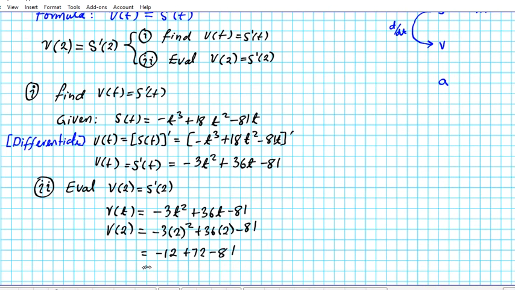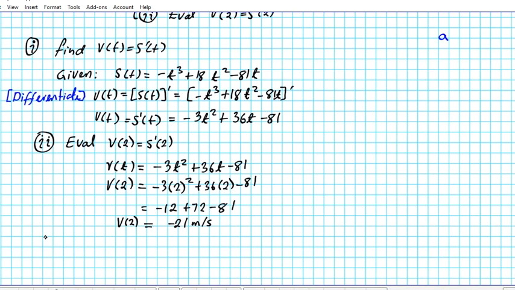And then this simplifies down to negative 21 meters per second. Okay, so what does this mean? This basically means that the velocity at t equals 2 is negative 21 meters per second.